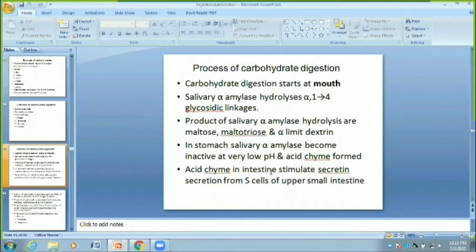Is it clear? While passing through the duodenum, it stimulates the S cells of the upper small intestine to secrete secretin. And secretin stimulates bicarbonate-rich watery pancreatic secretion.